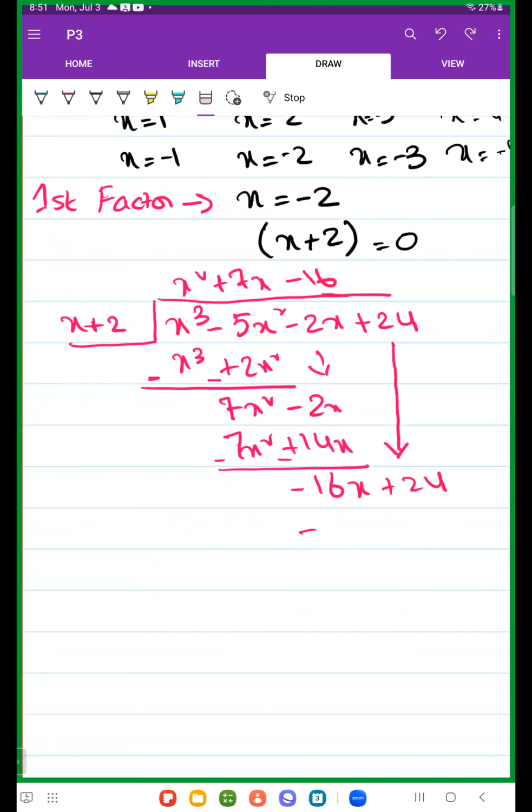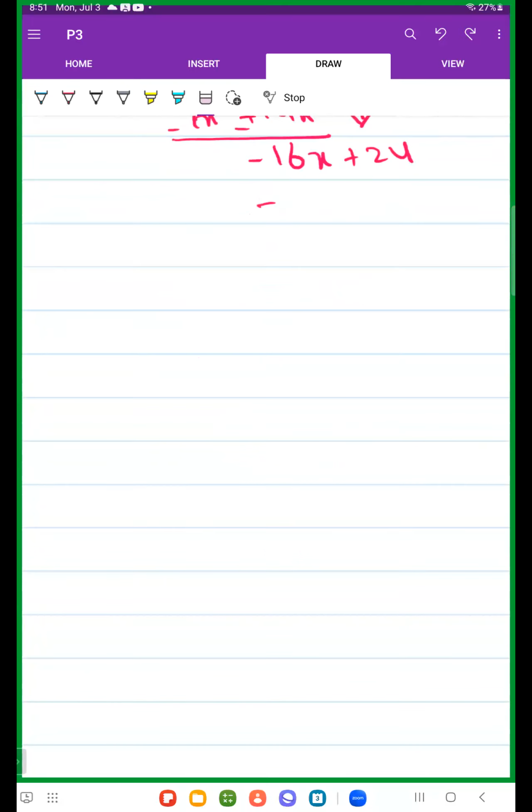I'm getting x as 4 and 3. 4 and 3, that's perfect. So what are the factors? Minus 2, 4, and 3. So how can you write the equation?